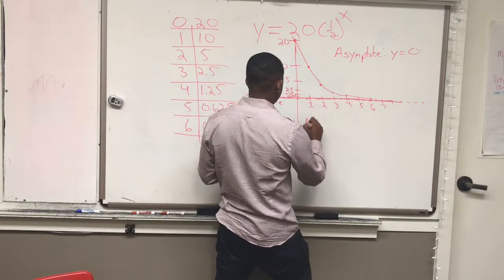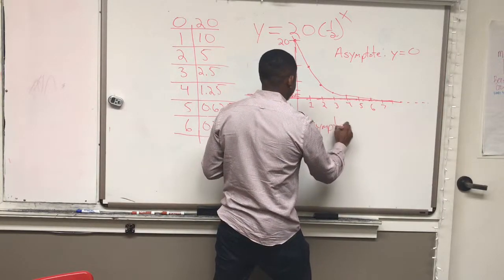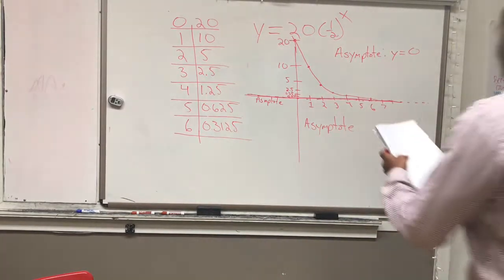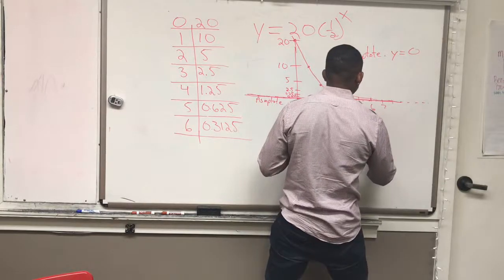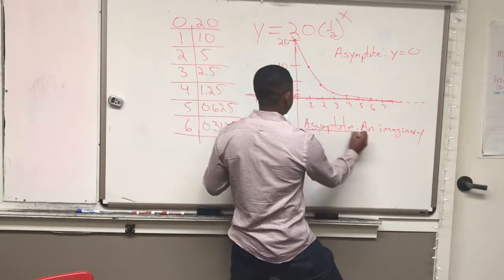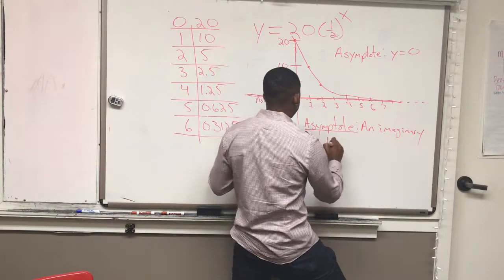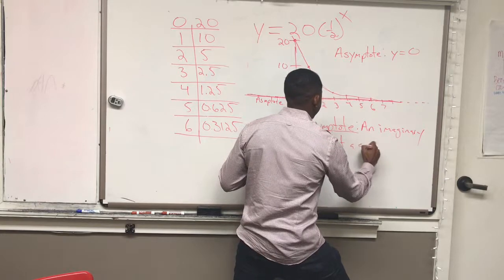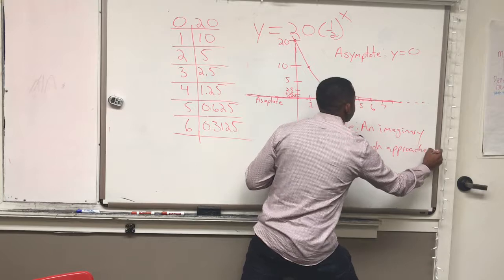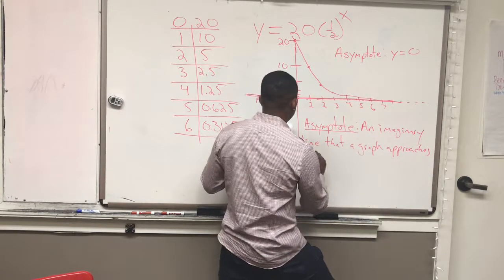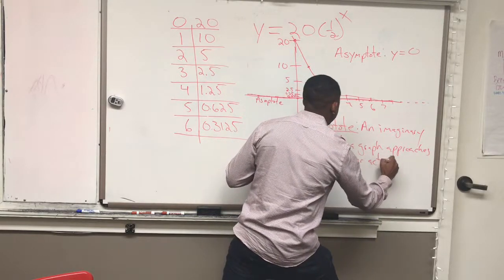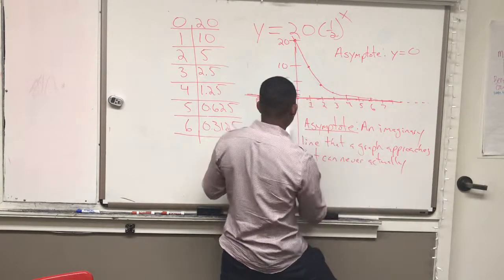So let's write the definition. It's the last thing. Asymptote is an imaginary line that a graph approaches but can never actually touch.